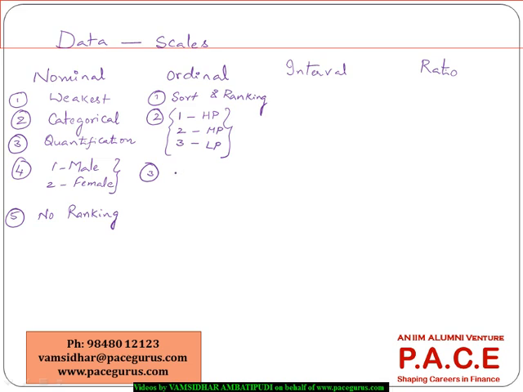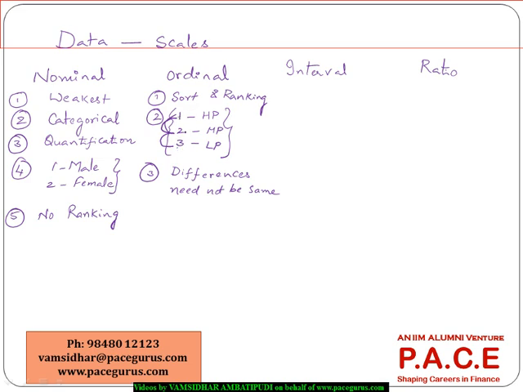But still, this data does not tell me about the differences being equal. The difference in the numbers need not be the same, like the difference between 1 and 2 as well as 2 and 3.